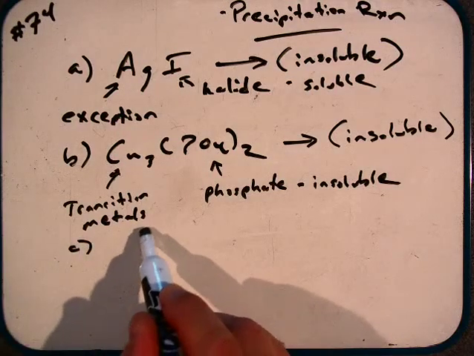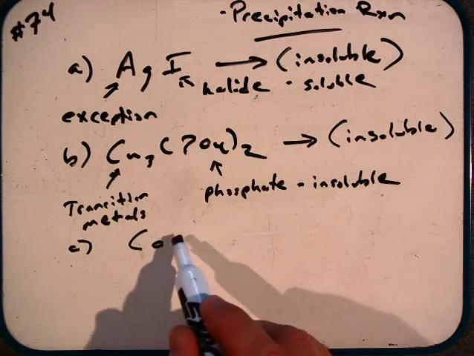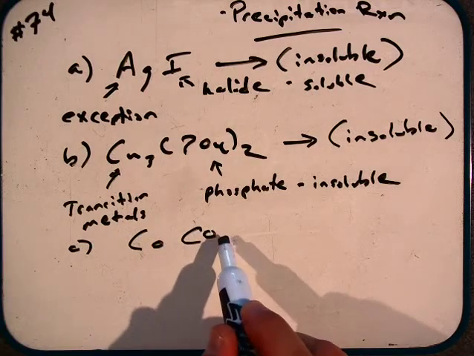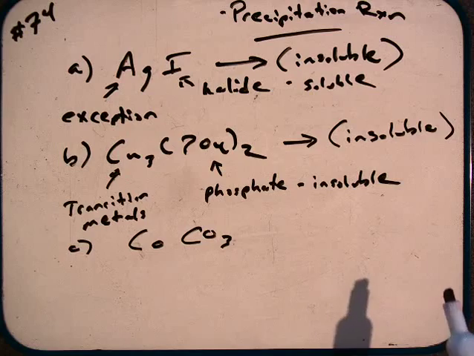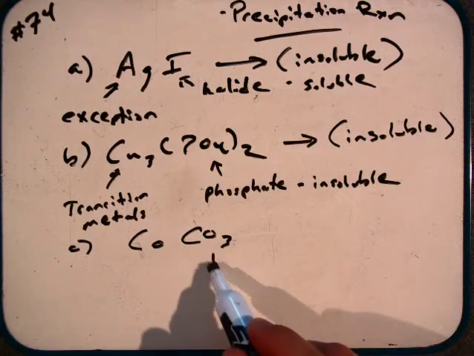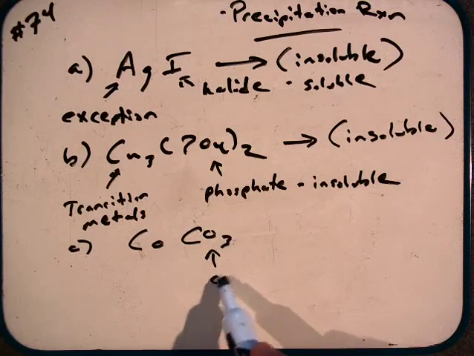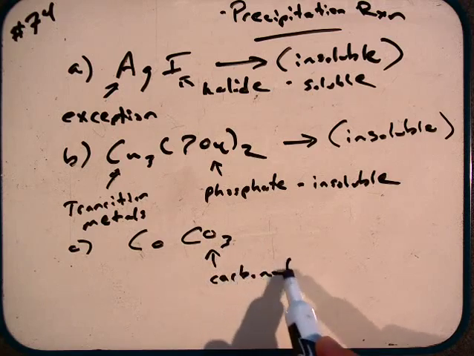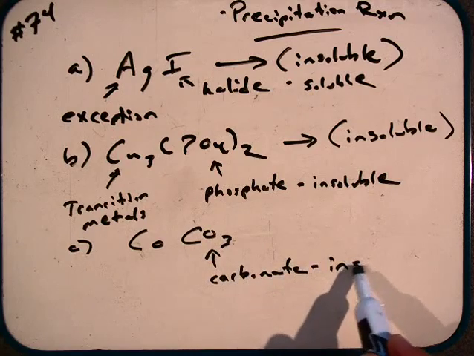Part C looks at cobalt carbonate or cobalt(II) carbonate. If we look at carbonates, carbonates are like phosphates in that they tend to be insoluble.